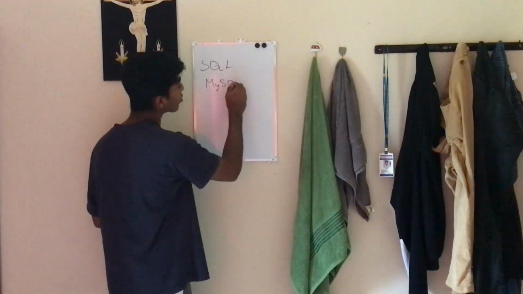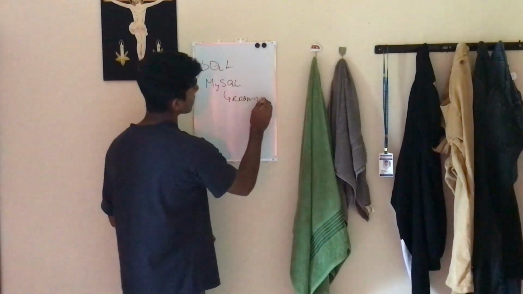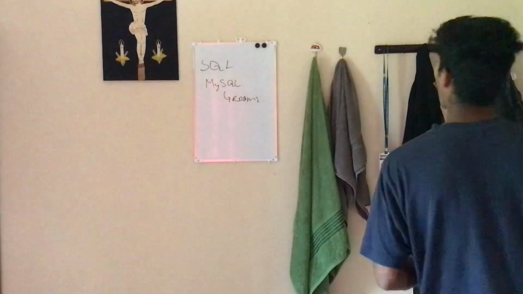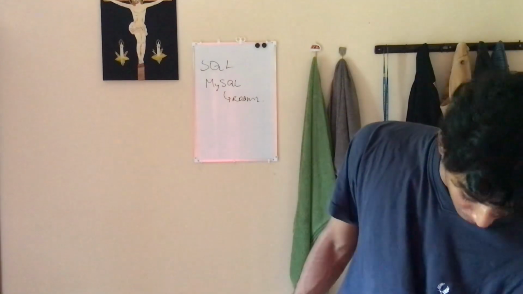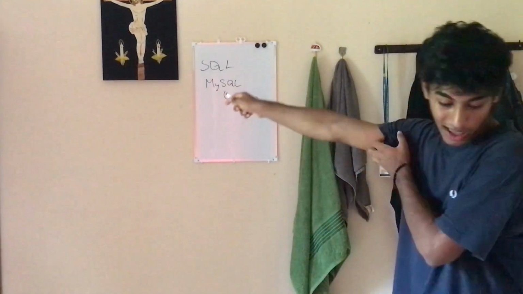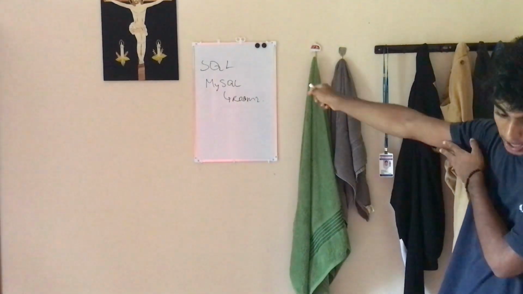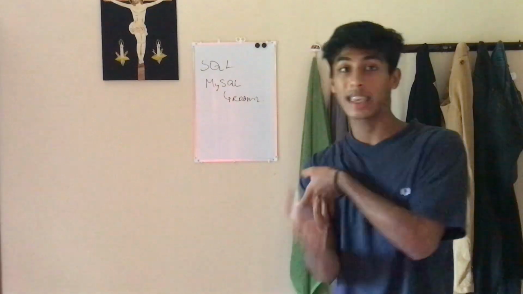SQL is a language while MySQL is an RDBMS, an application that is used to store databases. Cool. Now MySQL is really special because you can use MySQL to store databases, and these databases are stored permanently.